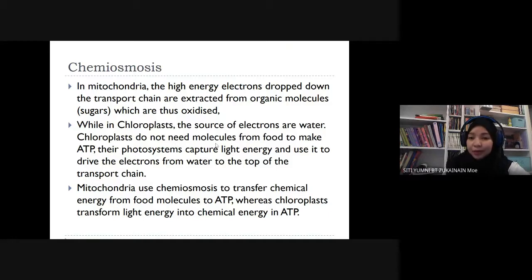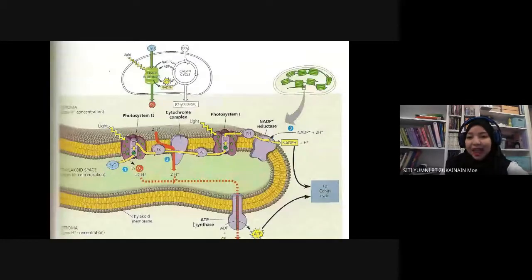Chloroplasts do not need molecules from food to make ATP. Their photosystems capture light energy and use it to drive the electrons from water to the electron transport chain. Mitochondria use chemiosmosis to transfer chemical energy from food molecules to ATP, whereas chloroplasts transform light energy into chemical energy in ATP. Okay, so that is about chemiosmosis.